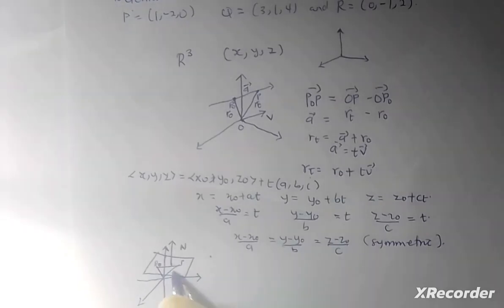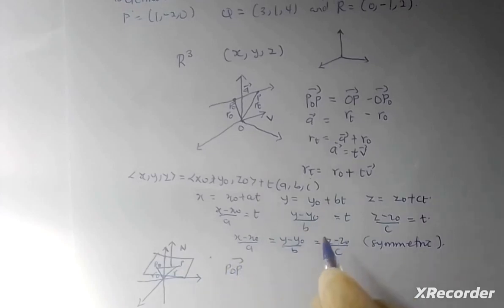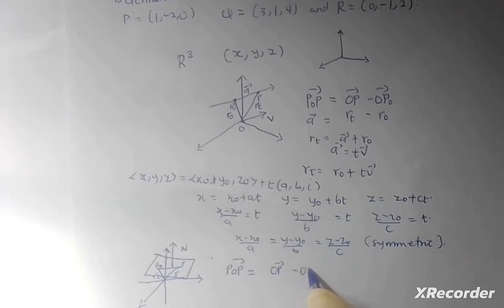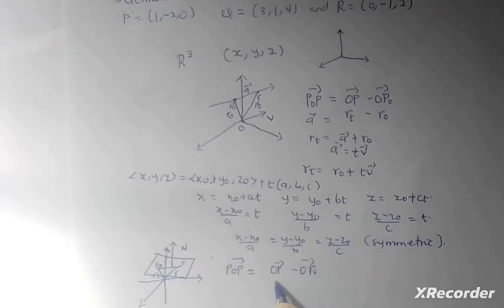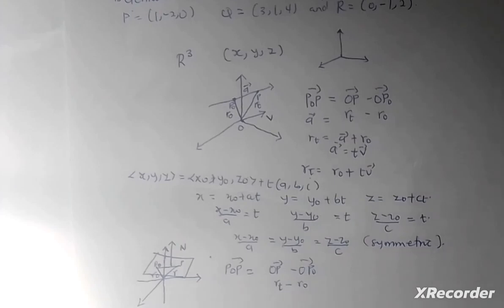Hence, here will be a vector r and here will be a vector r naught. Then I'll get my vector P naught P. To find vector P naught P, as we did in the previous part, you're going to get OP minus OP naught, which is equal to r minus r naught. So this is the vector representation of P naught P.